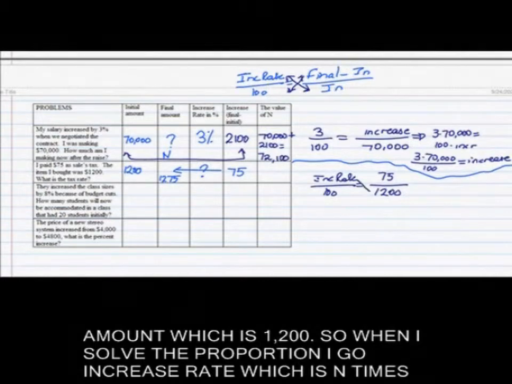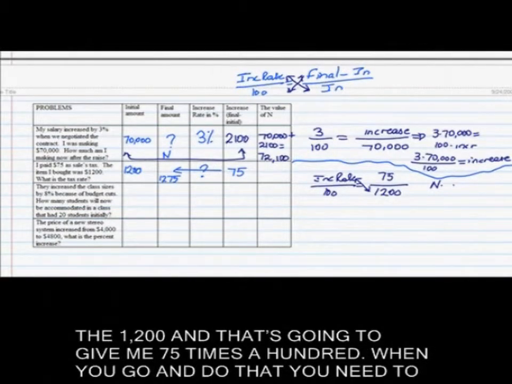So when I solve the proportion, I go increase rate, which is n, times the 1,200, and that's going to give me 75 times 100.